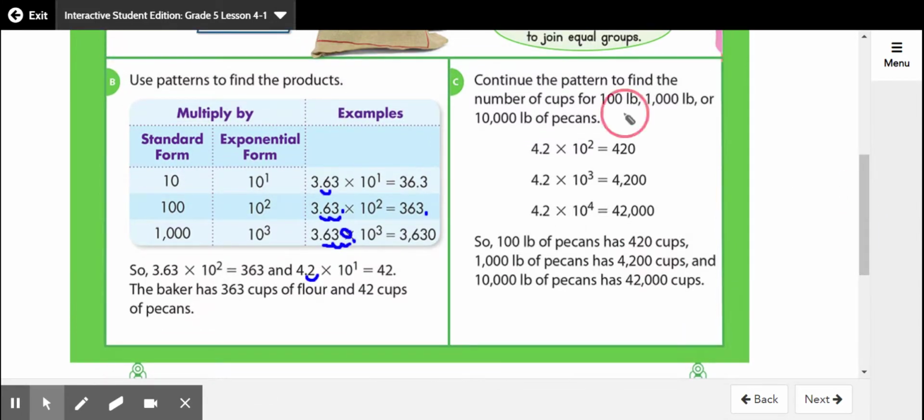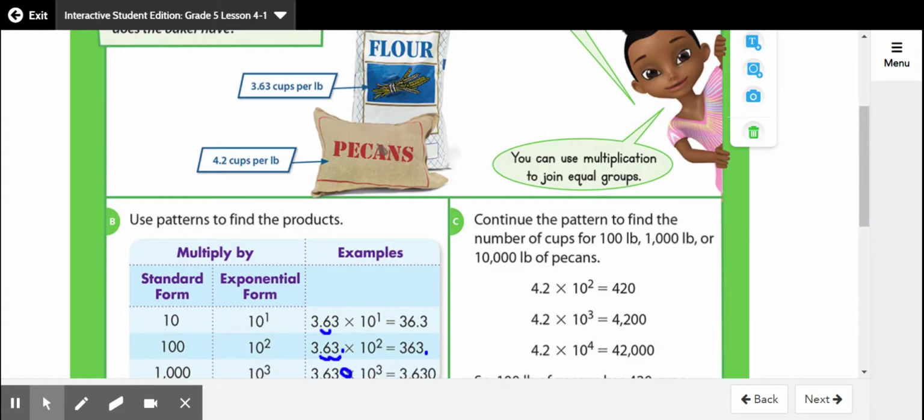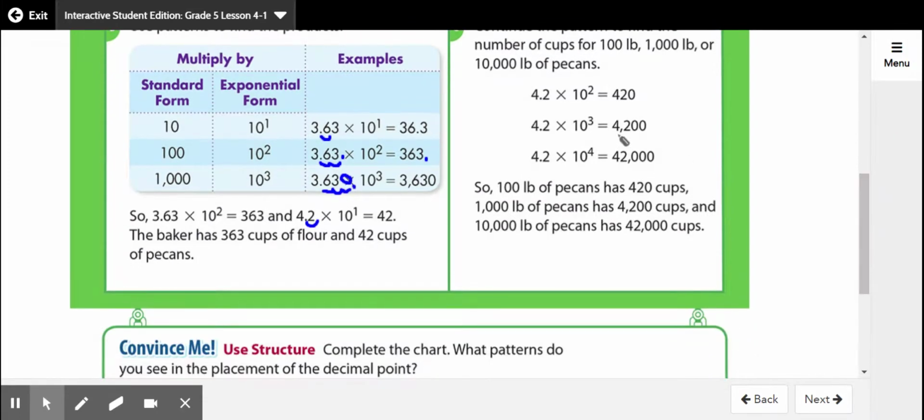Okay, let's continue the pattern to find the number of cups for 100 pounds, 1,000 pounds, or 10,000 pounds of pecans. So we're going to the 4.2. Sometimes I look back up here to make sure. Yep, they're talking about pecans now. 4.2 times 100. We're just going to move this decimal over 2 times. You can do the exponent of 2 or the 100 with the 2 zeros.